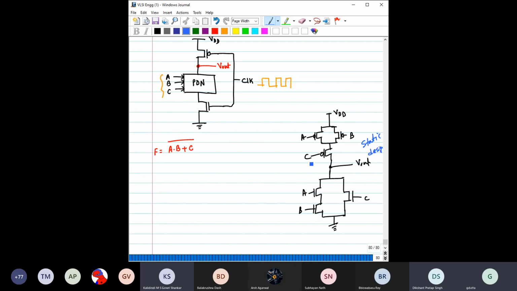But we have seen, if we know the static design, how to implement this dynamic part. So the dynamic part is basically we have to take this pull down network and place it in between.